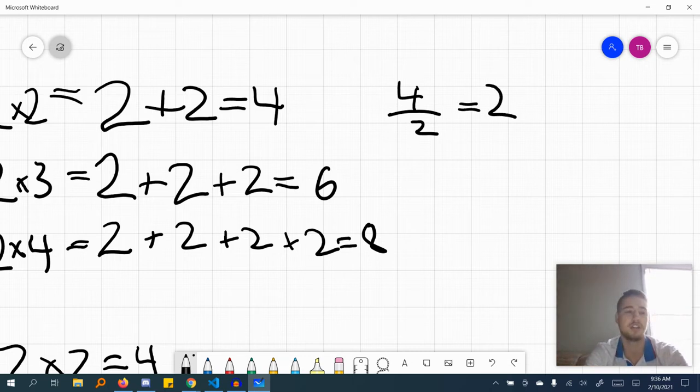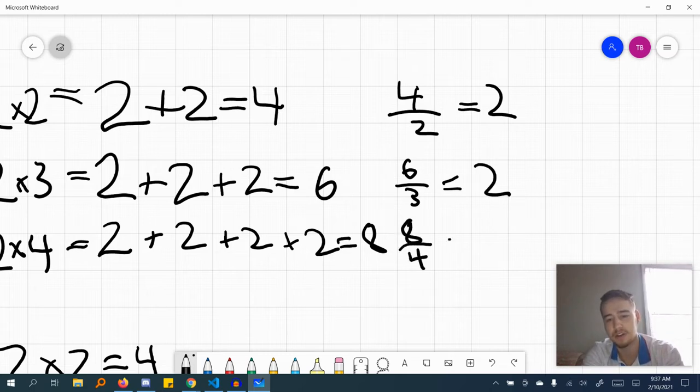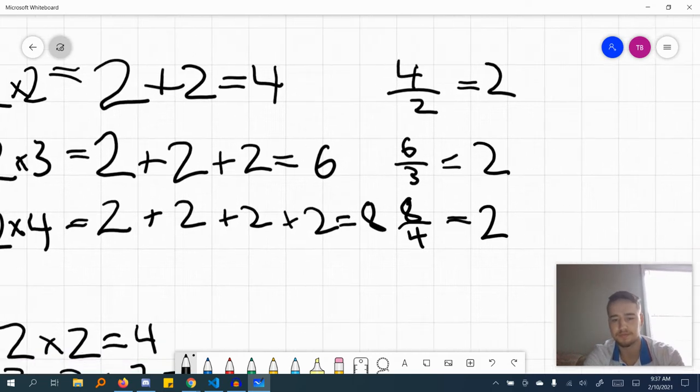That's kind of undoing that multiplication. Now we have, hold on a second. We have 4 over 3. Oh, whoop, my bad. 6 over 3 is 2. And 8 over 4 is 2.